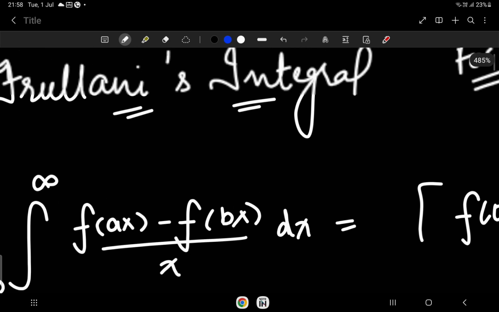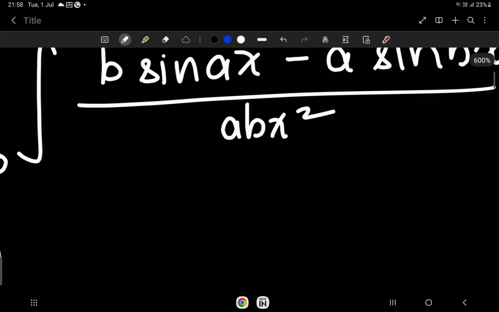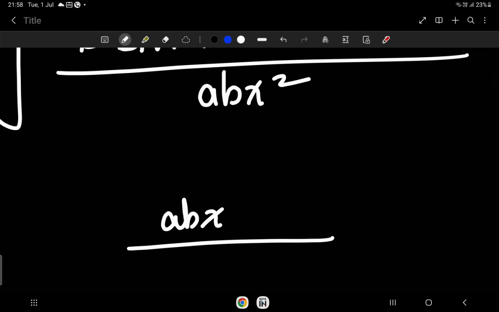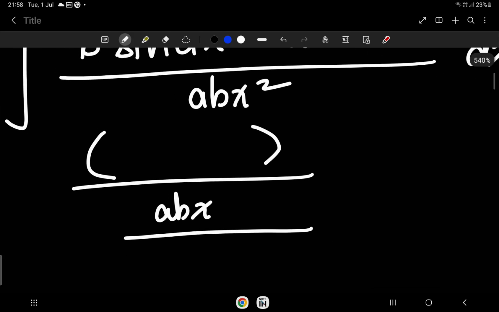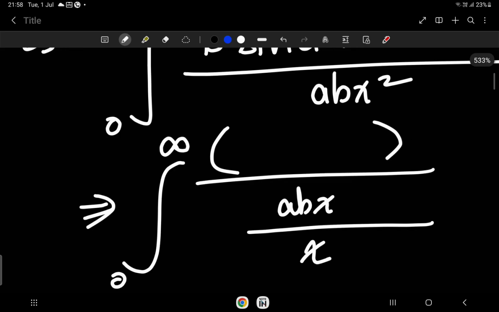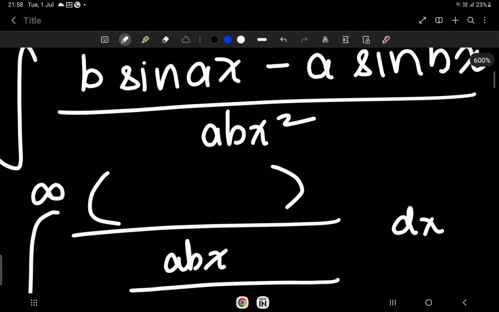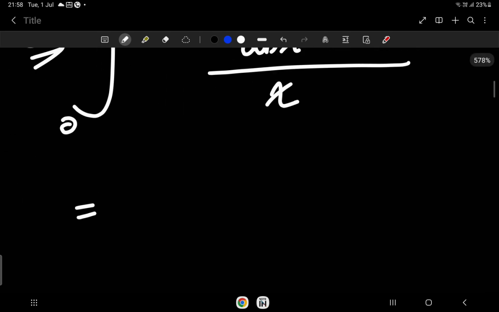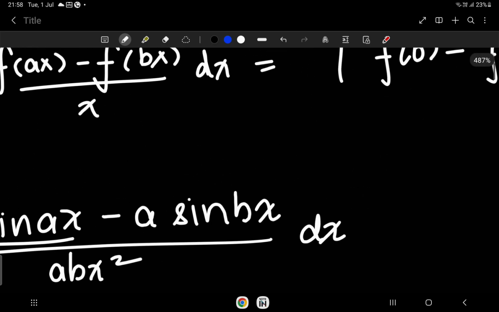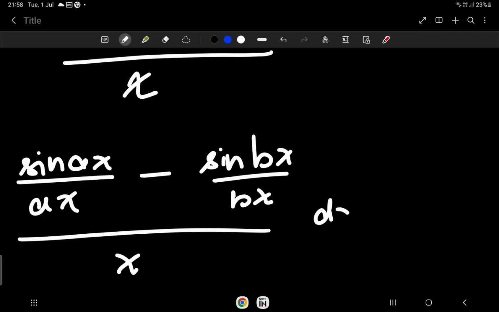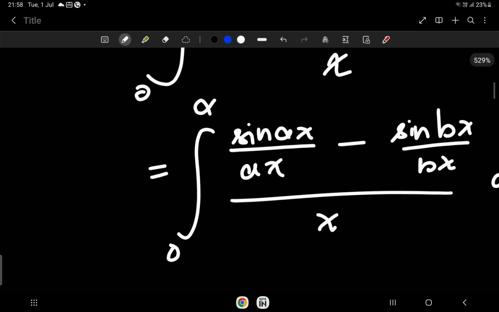First we have to make the same functions, right? So what we have to do here is take abx and divide the whole numerator. If we divide abx into this term, it becomes sine ax by ax, and if we divide it into this term, it becomes sine bx by bx, by x dx, integration 0 to infinity.